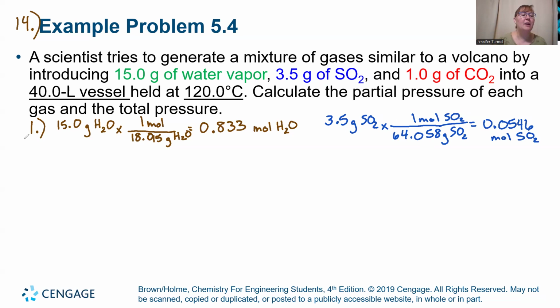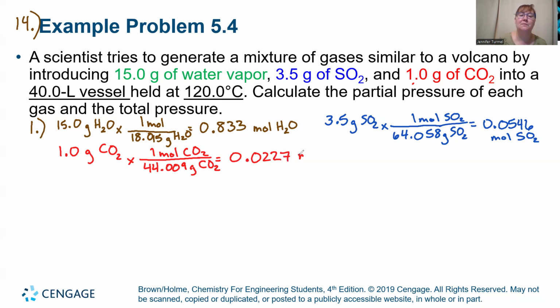Last but not least, we have 1 gram of carbon dioxide. The molar mass of CO2 is 44.009 grams per mole, which gives us a number of moles of CO2 of 0.0227.